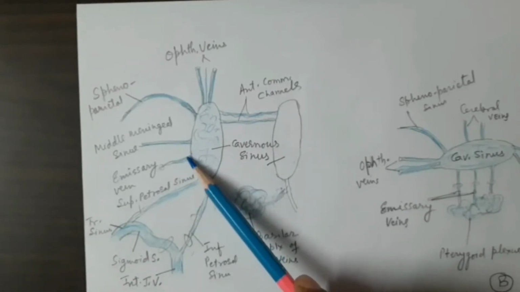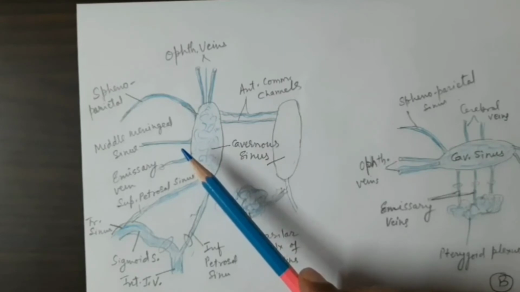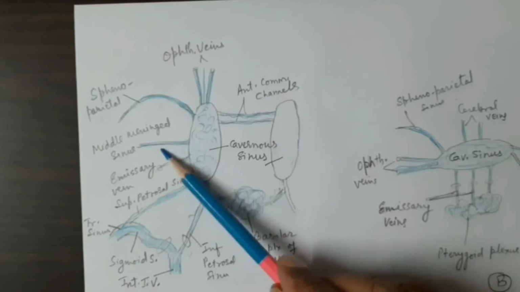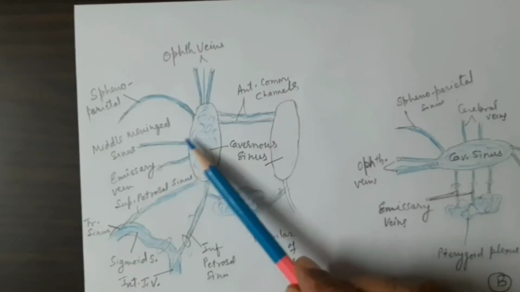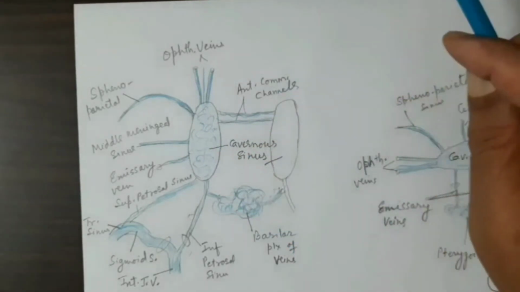It is coming from the dura mater. This is the biggest source to drain the dura mater and the bones of the skull in the area which the middle meningeal artery is supplying. So the blood will come from the diploe of the bones of the skull as well as from the dura mater, and it will drain into the cavernous sinus.